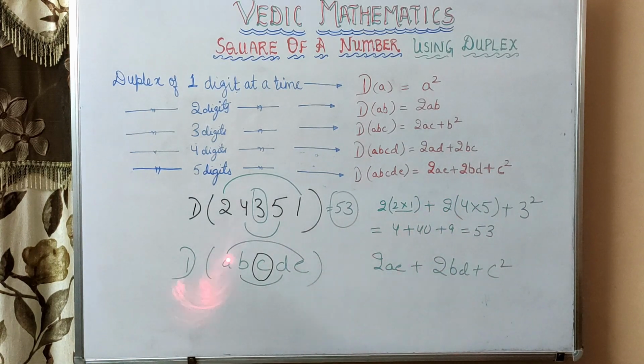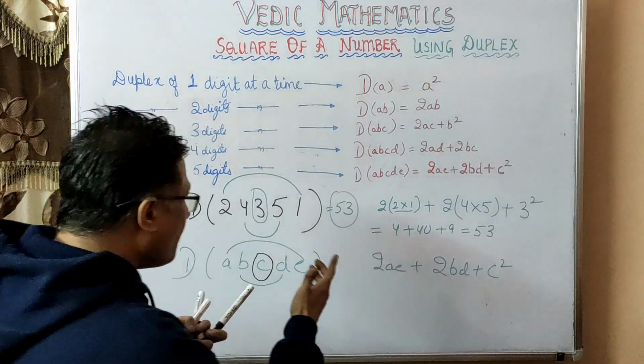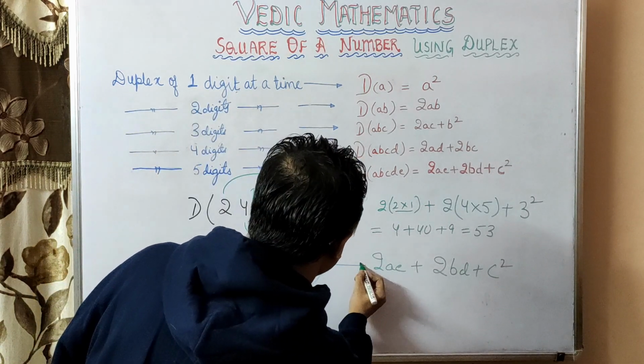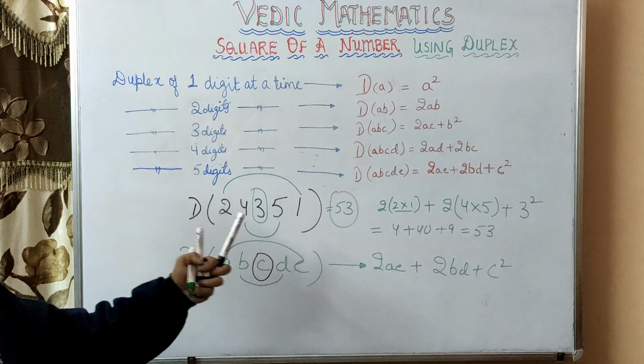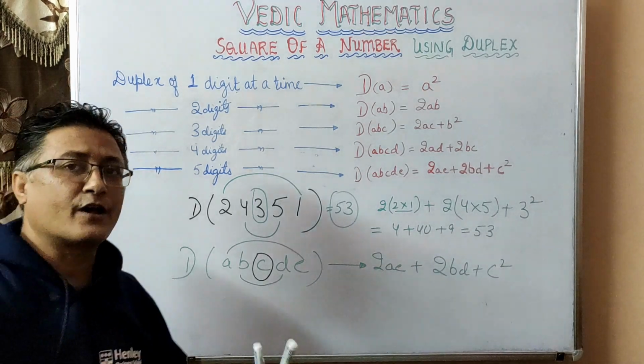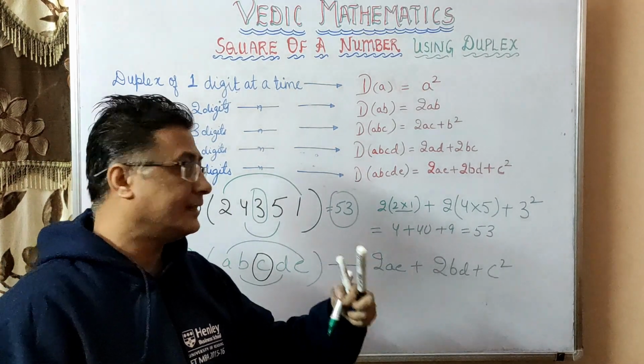So as I have shown you how I have written this by doing the calculation over here. Now why are we calculating these duplexes? Because this is used to calculate the square of a number. How? Let's see.